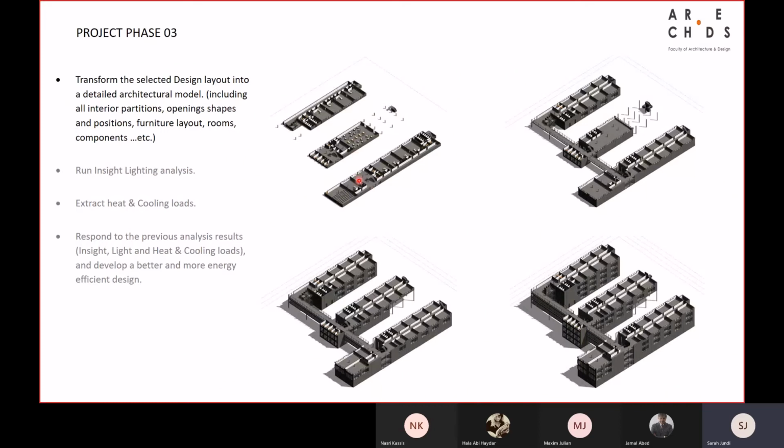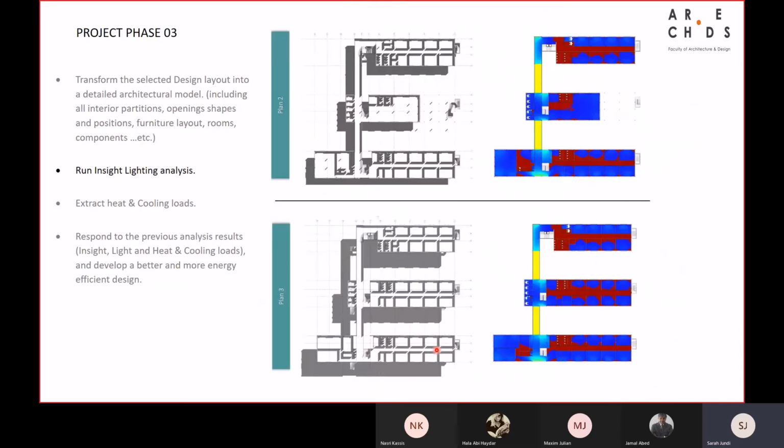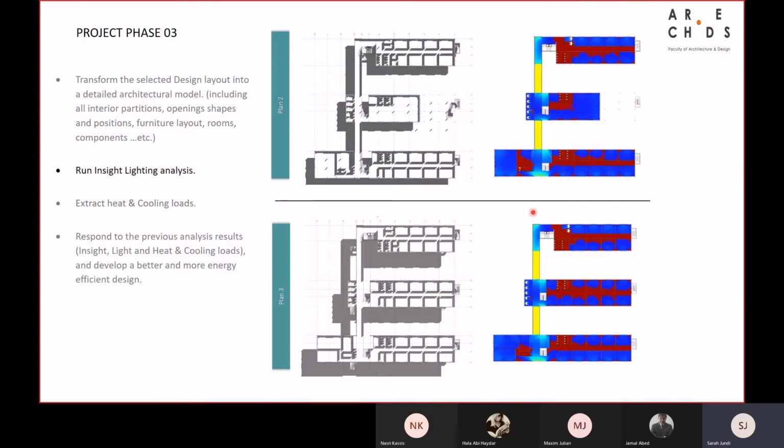They did all the structural elements, all the components, the furniture layouts, the accurate openings, and so on. They were able to run lighting analysis, so they have insight on the lighting performance in the building. And they use, I think I have only 1 minute left, so I will move faster.